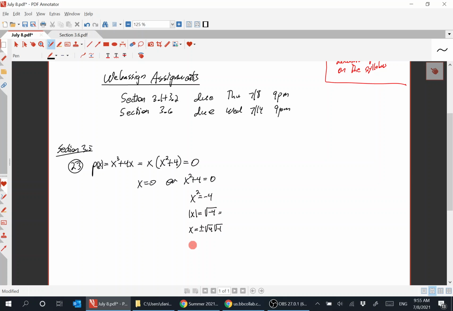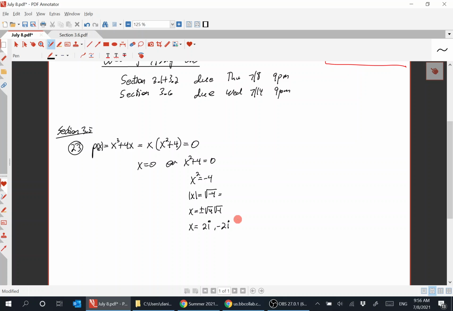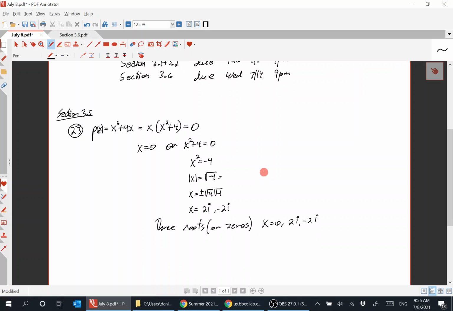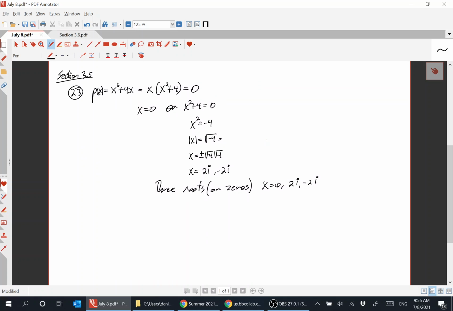The square root of negative 1 is this thing we called i. So you have 2i and minus 2i. So we've got 3 roots or zeros: 0 itself, 2i and minus 2i. So that's 23.